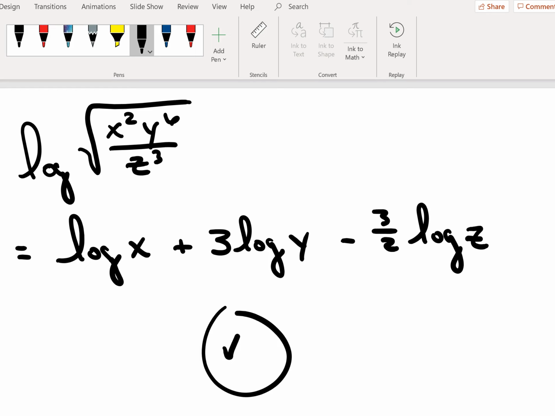And I encourage you to go back and review the rules of exponents and see if you can arrive at this same answer by a different method. Because remember, if we can arrive at the same answer by multiple different methods, we have confidence that our answer is correct.